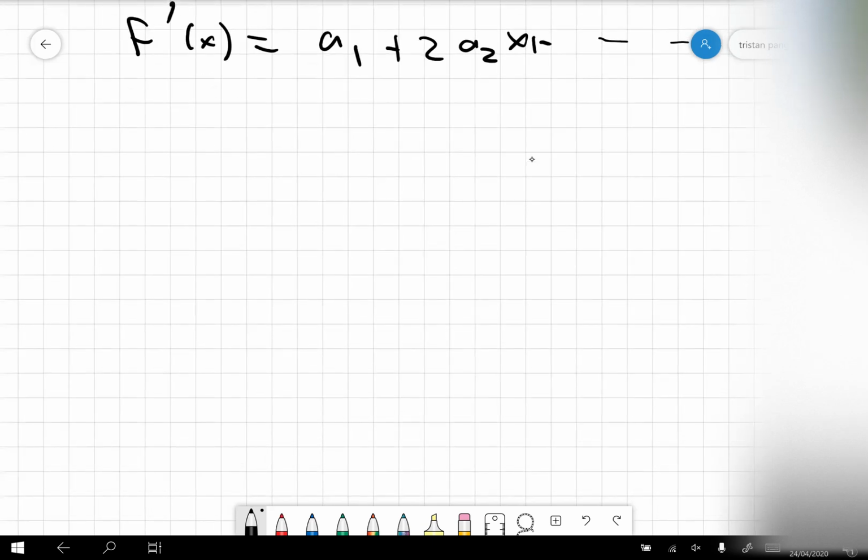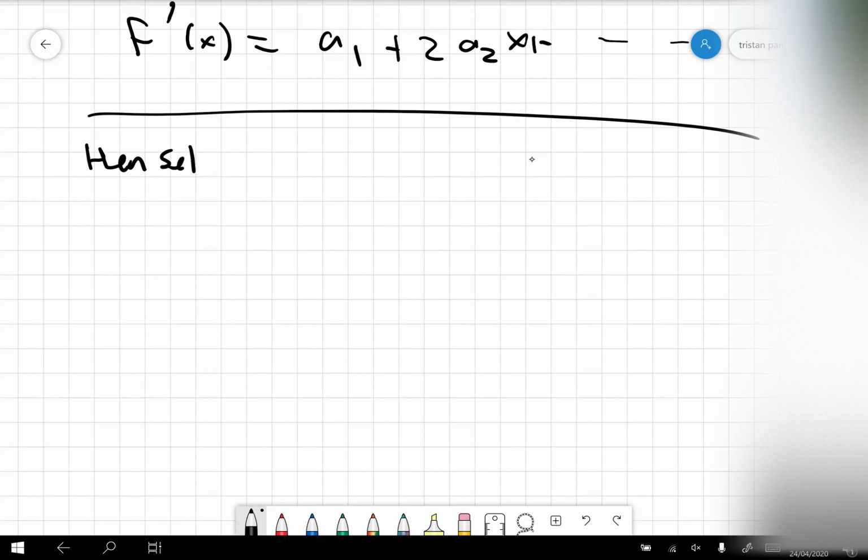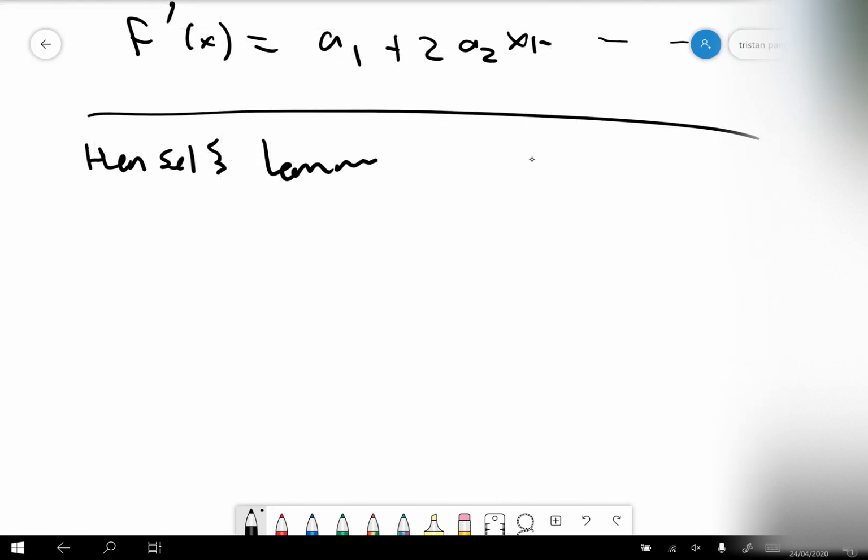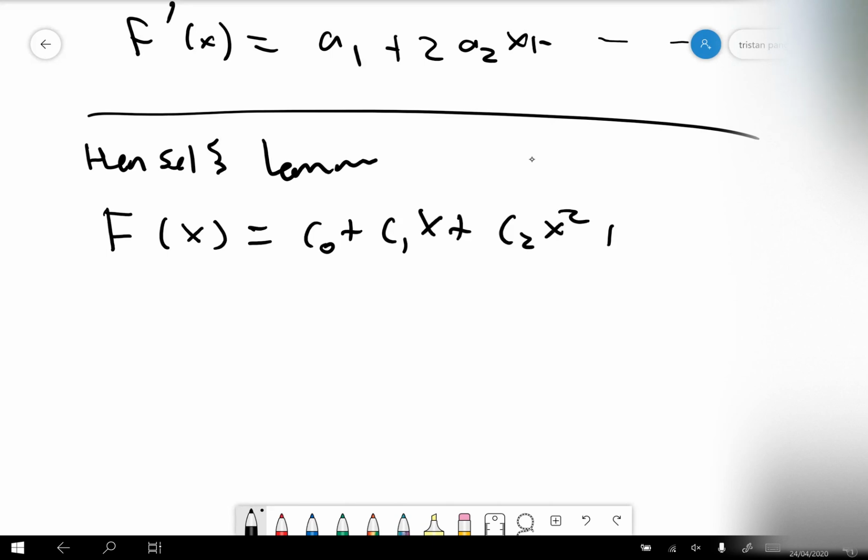So Hensel's lemma states the following. If we have a polynomial f of x with coefficients, say c0, c1x plus c2x squared plus so on and so forth, and let the degree be n, and then we take every coefficient ci to be inside the P-Adic integers.